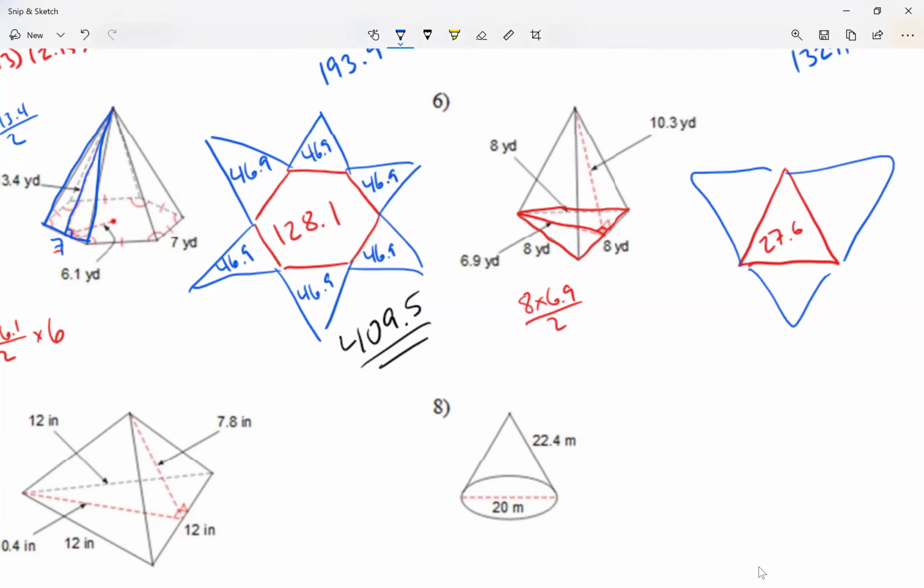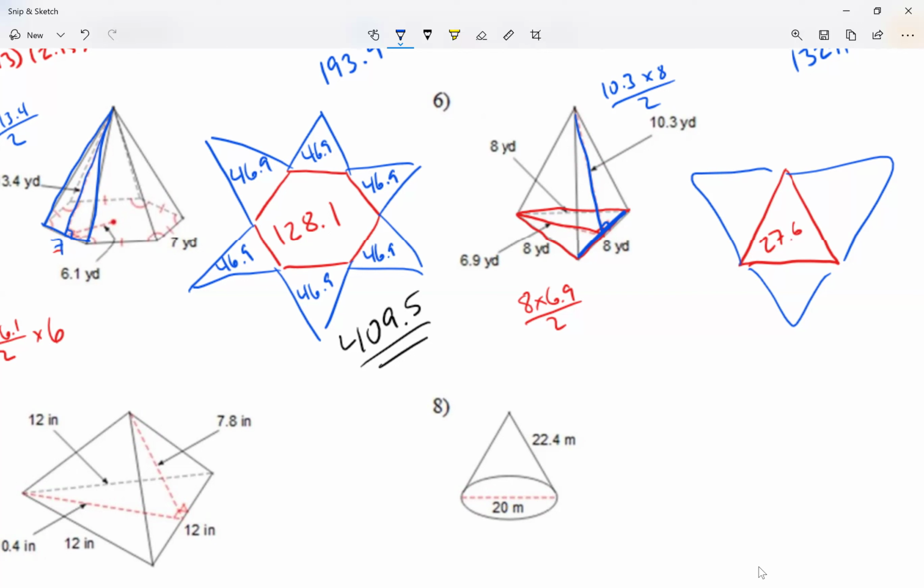Now for the triangles at the side, my 90 degrees is made by 8 and 10.3. There's my 90-degree angle there. So for my triangles at the side, I'm gonna go 10.3 times 8 divided by 2. Remember, multiply those two numbers, divided by 2.